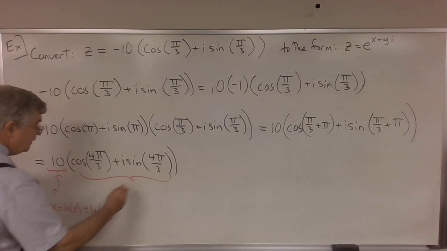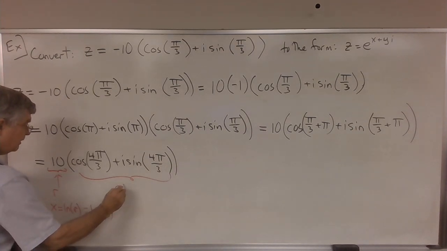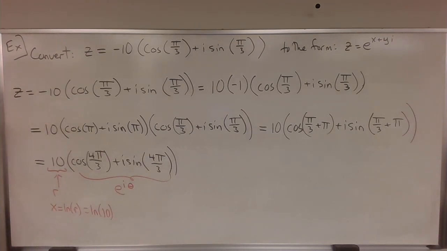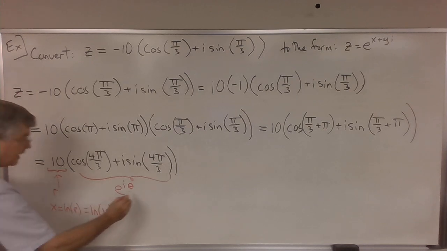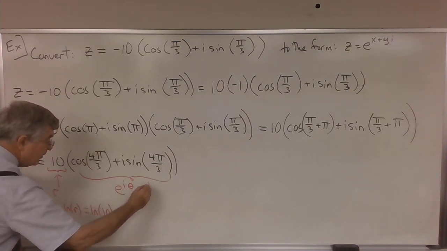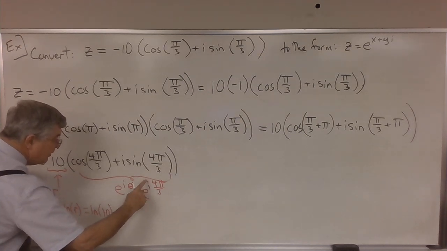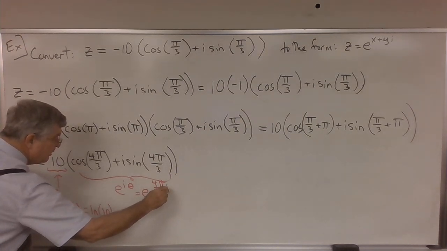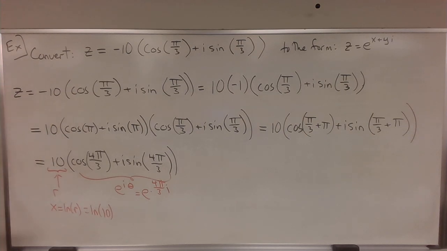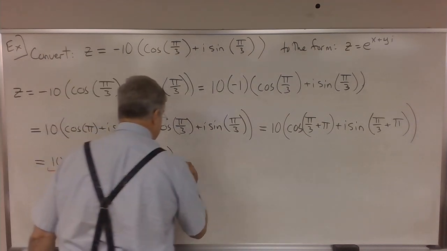And this thing, that's just going to be e to the i theta, or e to the i times 4 pi over 3. And let me put this i in the back. e to the 4 pi over 3 i. Oh my goodness. Okay.